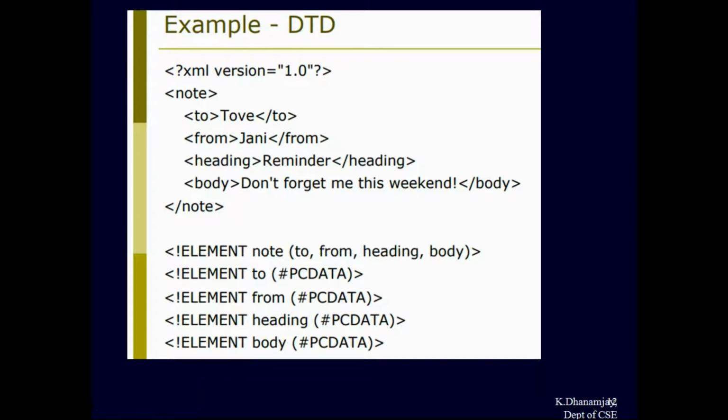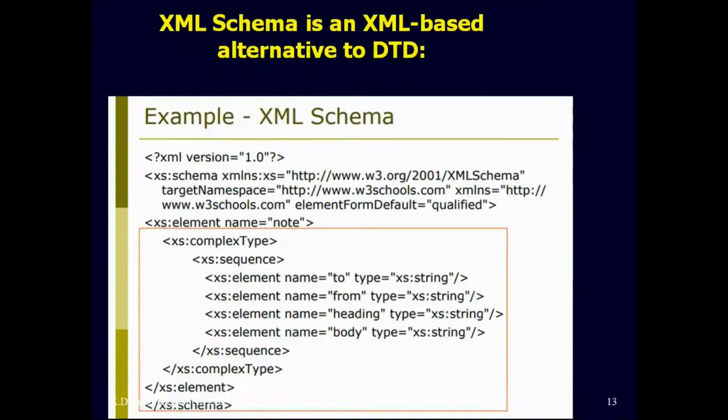I am giving the difference between a DTD and an XML schema. Okay, here we have to specify only the string data type. There are no different data types. So let's have a look at XML schema, which is an XML based alternative to DTD. Here we have to specify complex type. Okay, complex type.